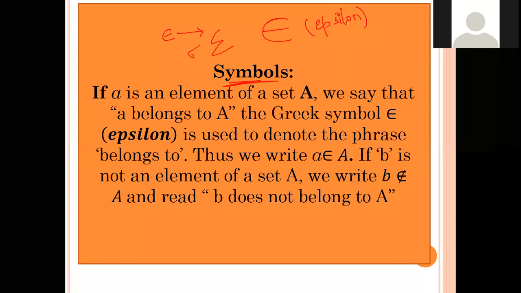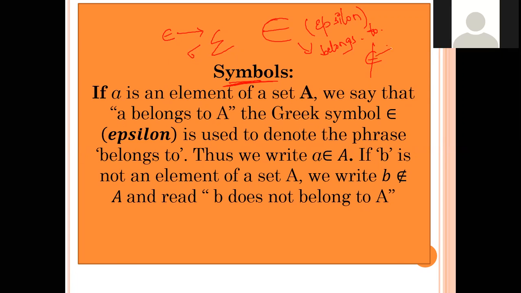We use epsilon to say belongs to. This is the symbol used to say whether a particular thing belongs to or does not belong to. For does not belong to, we use the same symbol, but we put a cross mark.